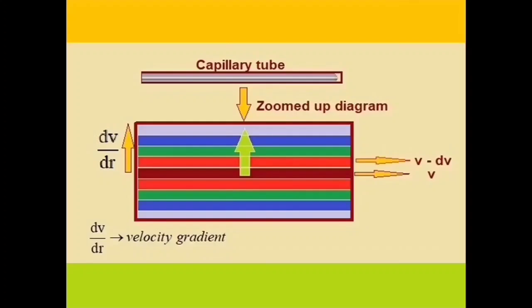Adjacent to the central layer of the fluid along the axis of the tube, there is a velocity which is V minus dV. So gradually the velocity decreases from the central axis of the tube, or pipe, as it approaches toward the wall of the tube.